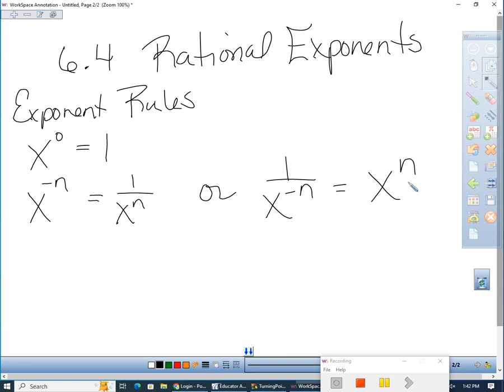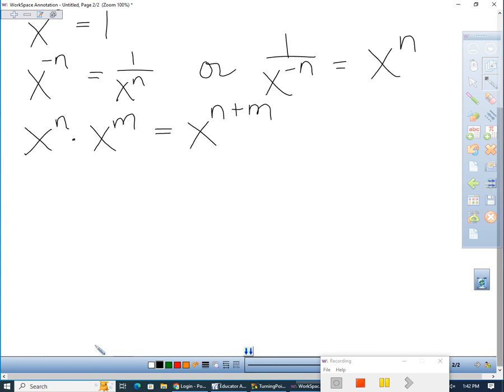All right. Next rule is if I am multiplying two bases that are the same. So let's say I have x to the n times x to the m. If the bases are the same, we keep the base and add the exponents. Let's say I have a base that has an exponent on it, but it's being raised to an exponent.